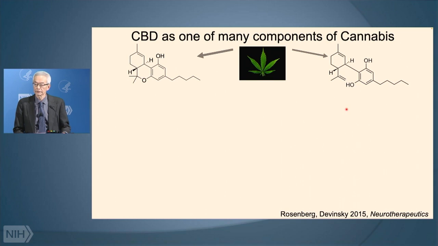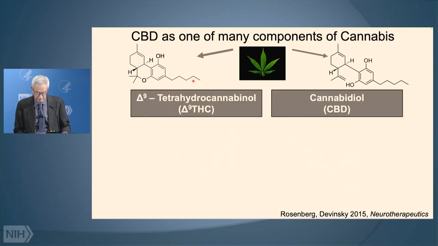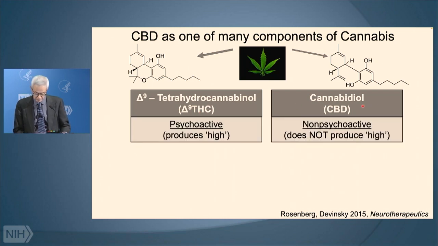Now, I'd like to talk a bit about CBD because it rings bells with endocannabinoids, and it is a medicine that has been FDA approved. On one hand, we have the contrast between the psychoactive ingredient of cannabis, delta-9 THC, and cannabidiol, which is non-psychotropic.